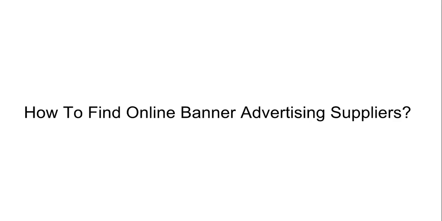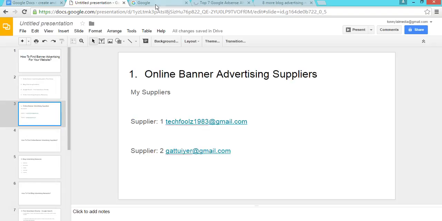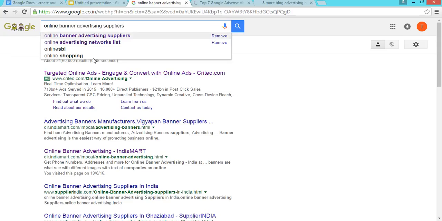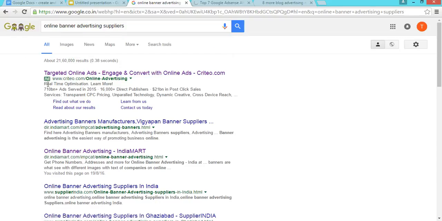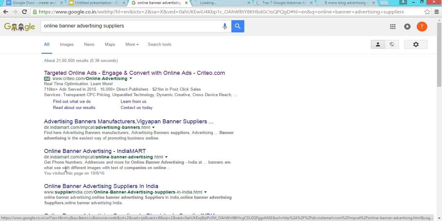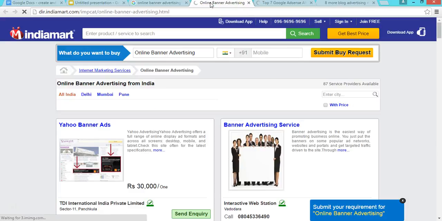These are just two suppliers, but there are literally hundreds of thousands of suppliers out there on the internet. What you have to do is go to Google and search for online banner advertising suppliers. Depending on your country, you will find lots of results.